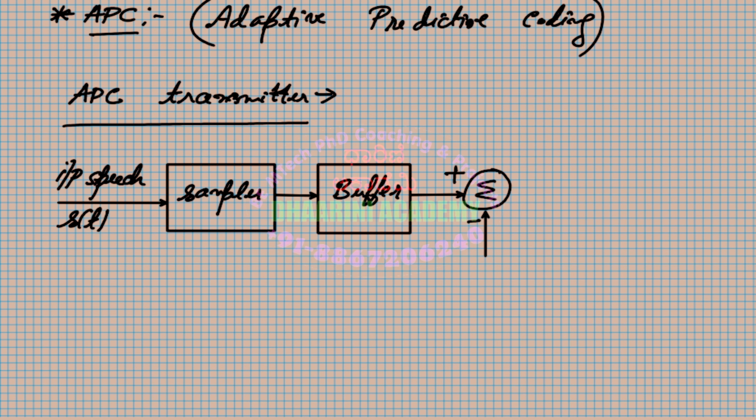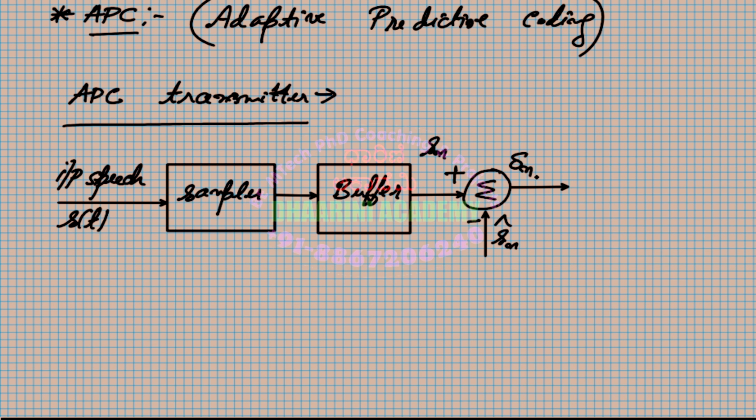Now you see why I have a negative sign there: whatever I am generating is an error. The present sample minus the predicted sample is an error. So maybe this is Sn, and I'm bringing the predicted part of the speech from the predictor, so I'm writing Sn cap. One is positive, one is negative. When you subtract them from each other, you get the error signal. Let's denote that as delta n.